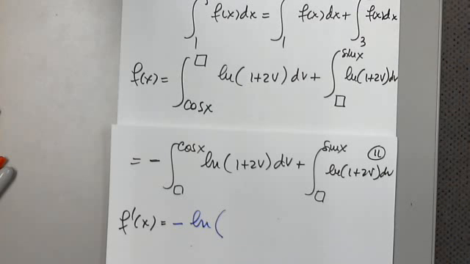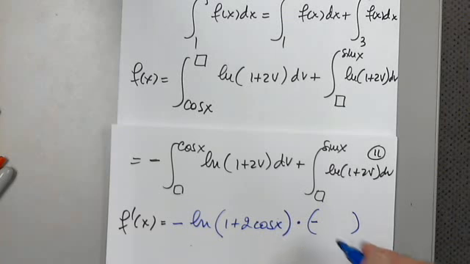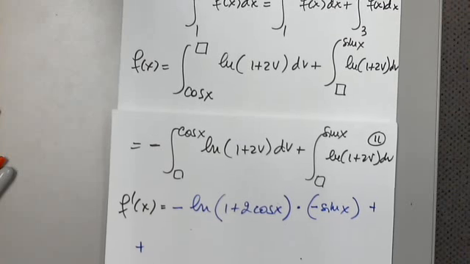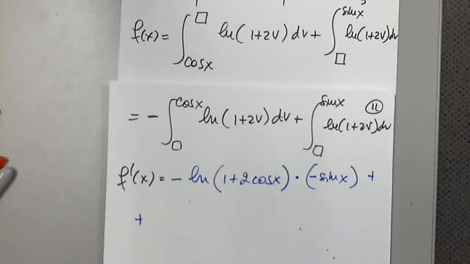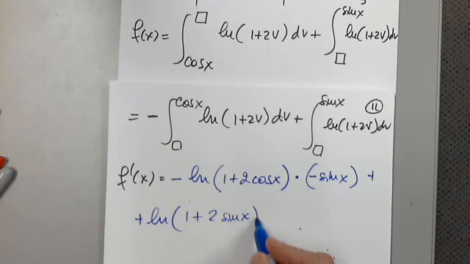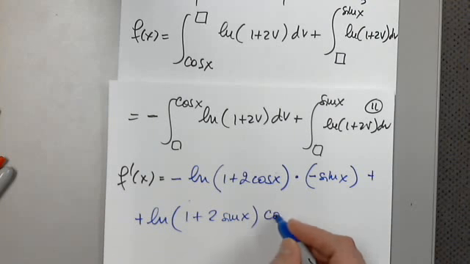Okay, natural log of 1 plus, very good, times 2 sine, right, negative, perfect, plus times, that's it.